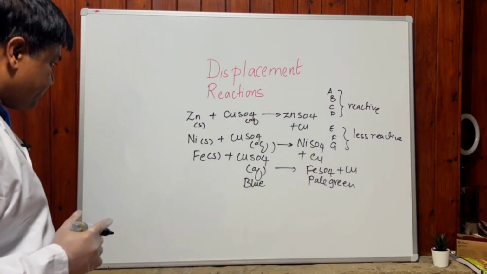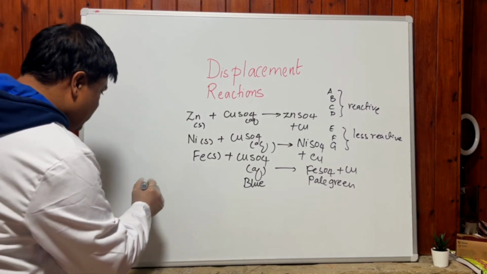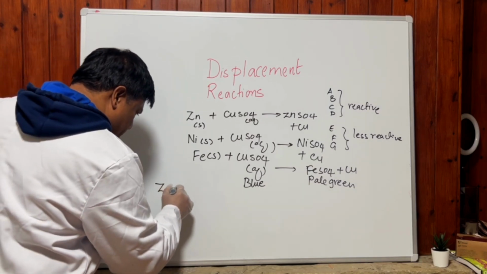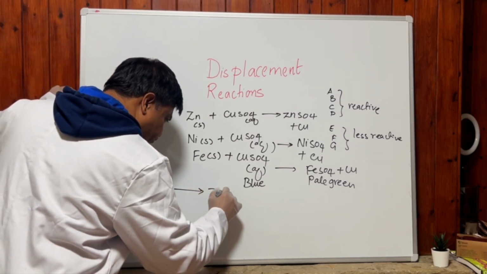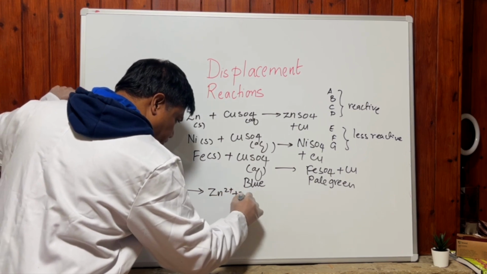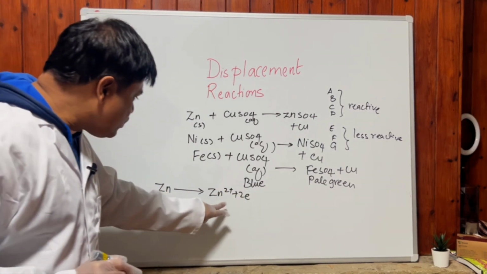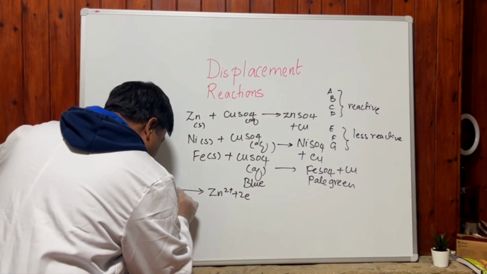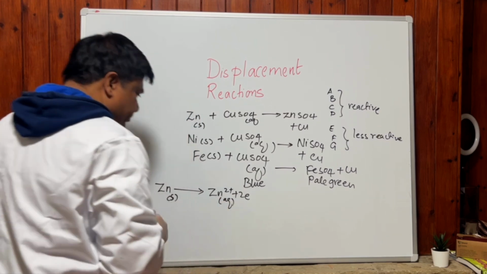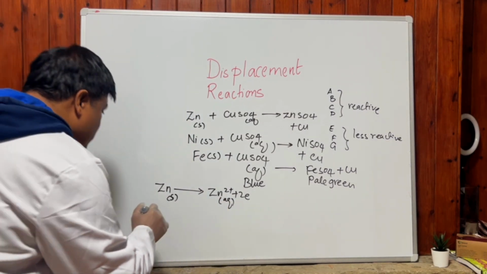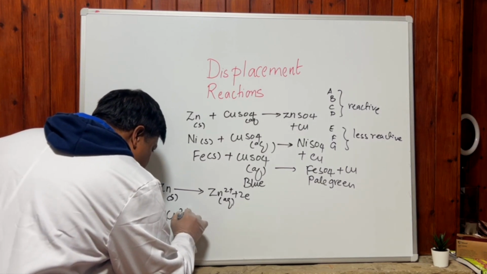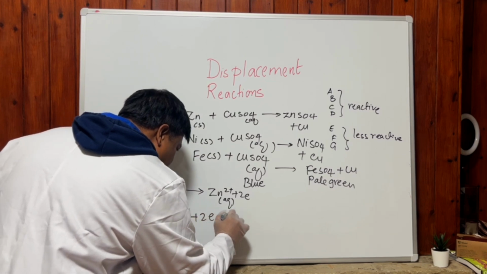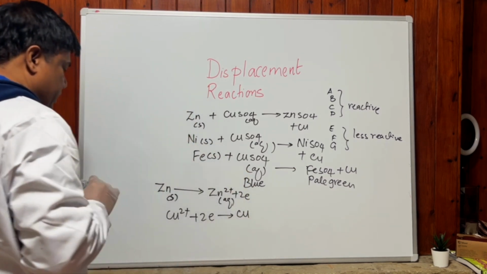Okay, look at that. Zinc is in zero oxidation state, gives away two electrons and becomes Zn2+. All the ions you have to write as aqueous, and solid for the metals. Cu2+, which is in 2+ form, gains 2 electrons from zinc and becomes copper, which gets deposited.